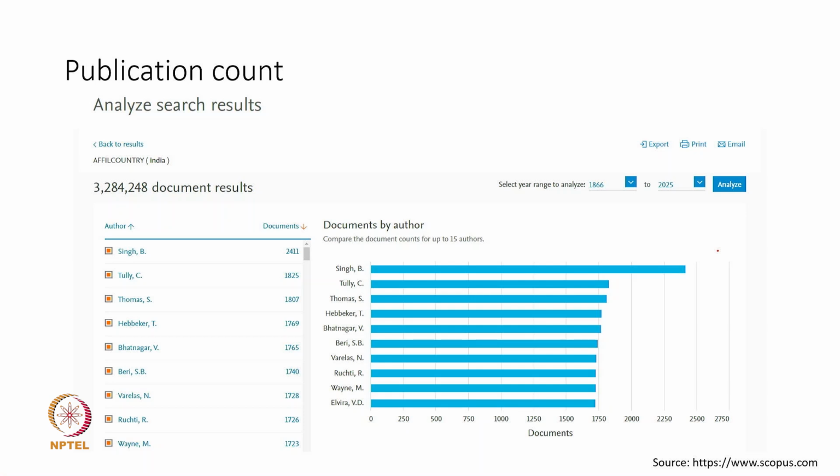If we want to see, out of the more than 3.2 million documents which we found using the Scopus database, who is the most productive author, that means who has written the most number of articles, then we come to know there is an author by the name of Singh B, and the number of articles written by this author is approximately 2400.